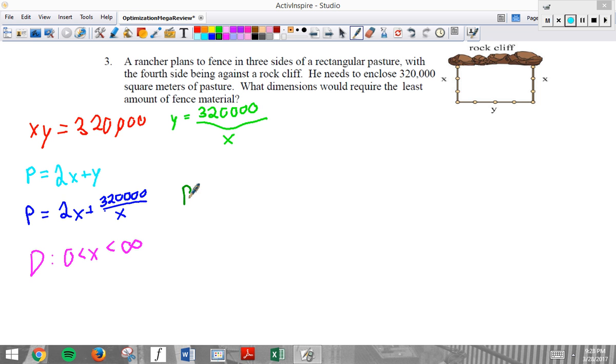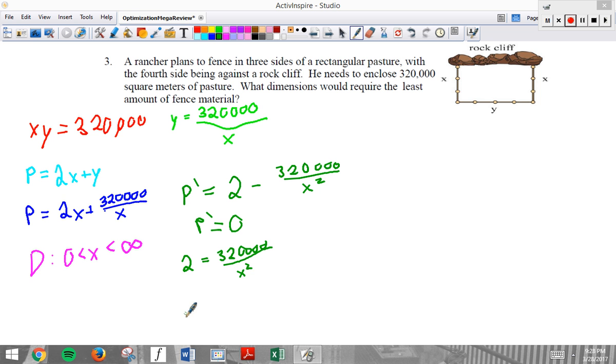So that's P. P prime is 2 minus 320,000 over x squared. P prime equals 0 would give us the equation 2 equals 320,000 over x squared.